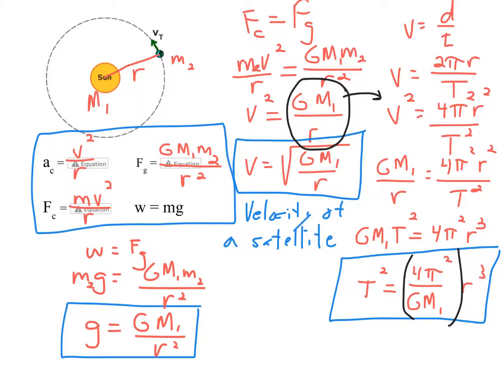The T and the r refer to the period of the satellite in its orbit and the average radial distance of the orbiting satellite from the center object. Once again, notice that the mass of the satellite does not matter. So that last blue box is Kepler's third law.